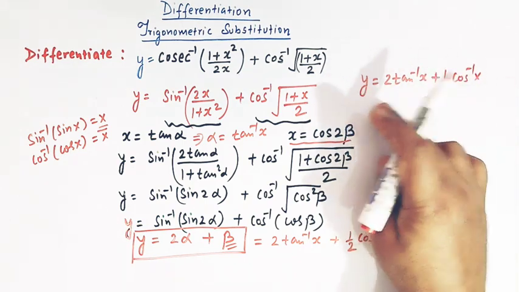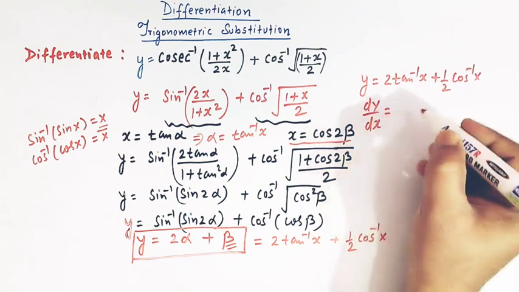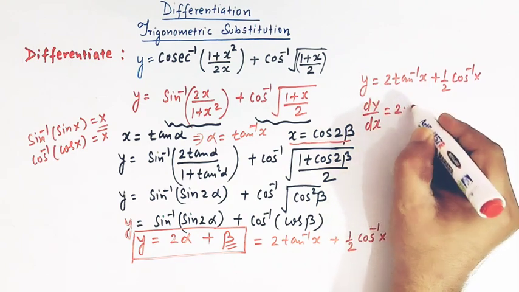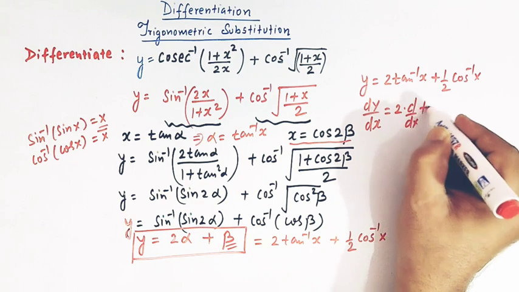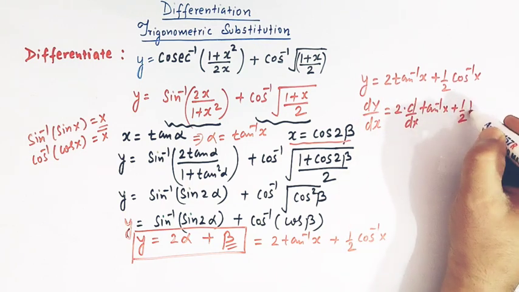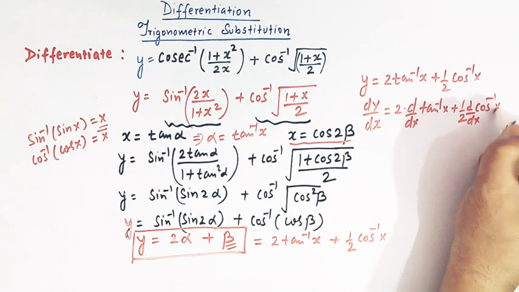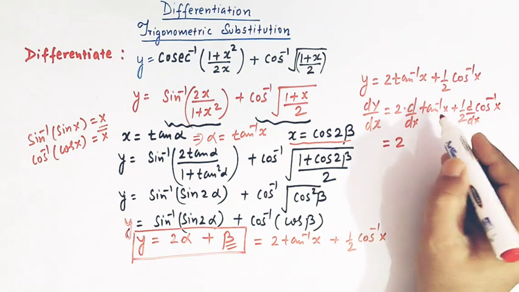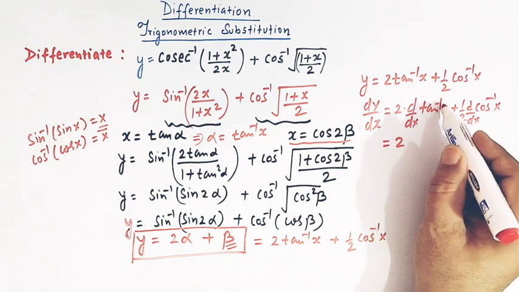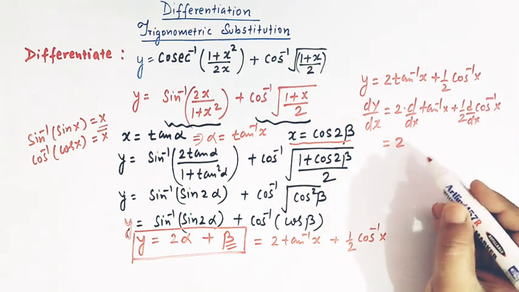Now we can differentiate both sides with respect to x. So dy over dx is equal to the derivative of tan inverse x, and then here we have half and derivative of cos inverse x, right? So we know the well-known results for the derivative of tan inverse x, because these are the standard results in differentiation.